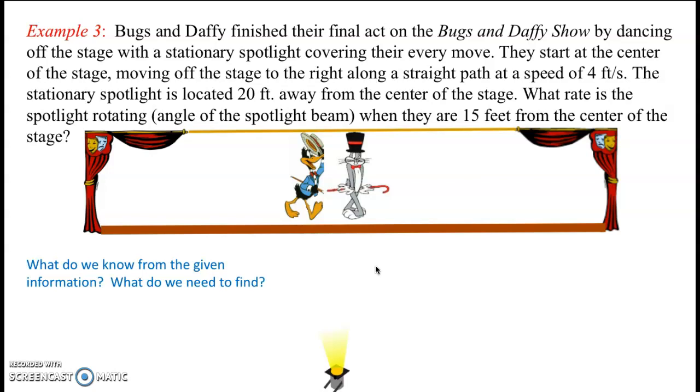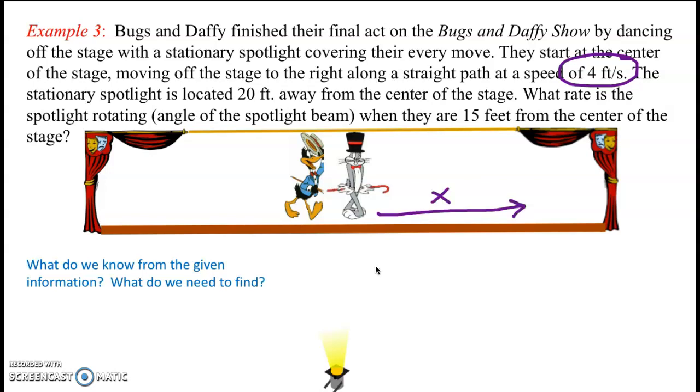So what do we know from the given information, and what do we need to find? Well, I know that Bugs and Daffy are moving along a path to the right at the speed of 4 feet per second. Once I see those units, I realize this must be a rate of change. This must be a derivative.